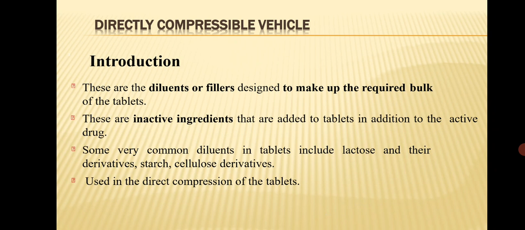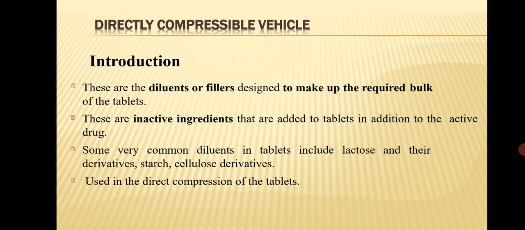tablet. These are the inactive ingredients which are added to the active pharmaceutical ingredients. They are generally derivatives of starch and cellulose and are used in the direct compression of tablets.